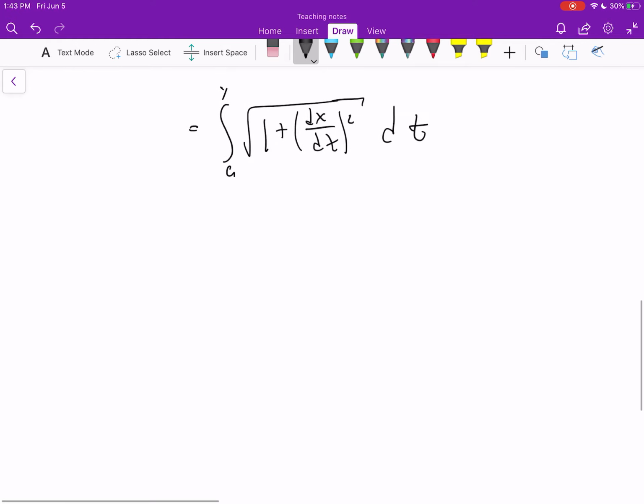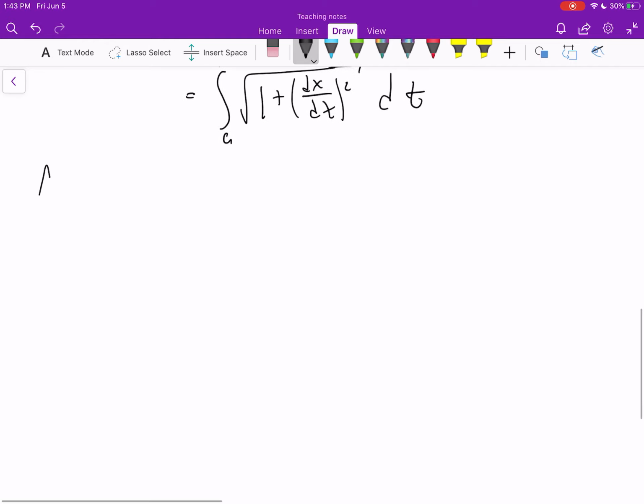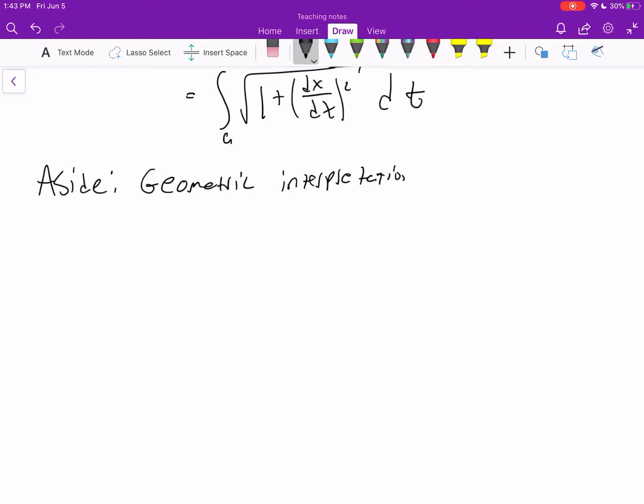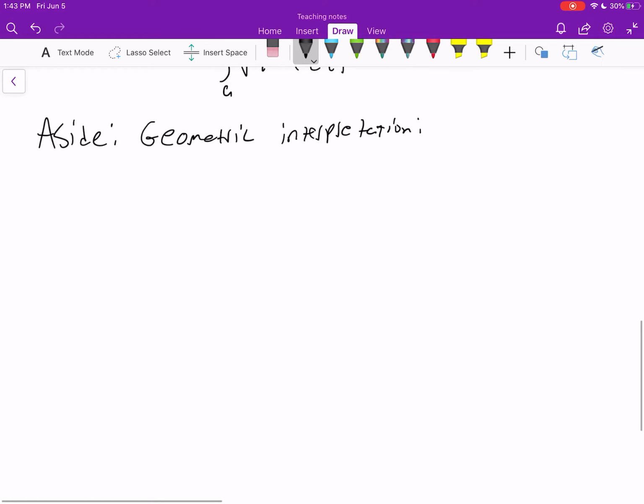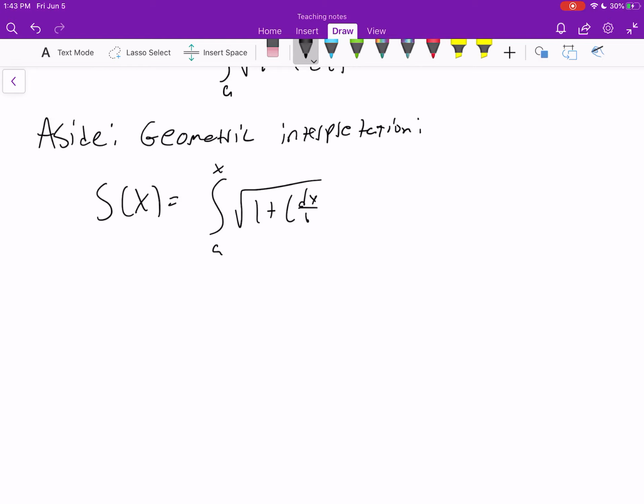Okay, so let's now take an aside and give a geometric interpretation of this. You have s of x is equal to the integral from a to x of square root of 1 plus (dy/dx) squared dx.